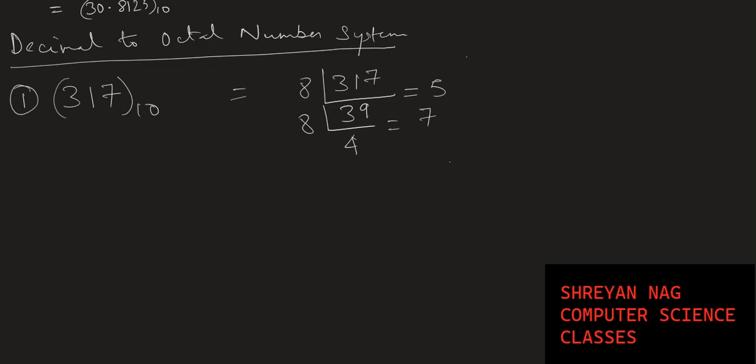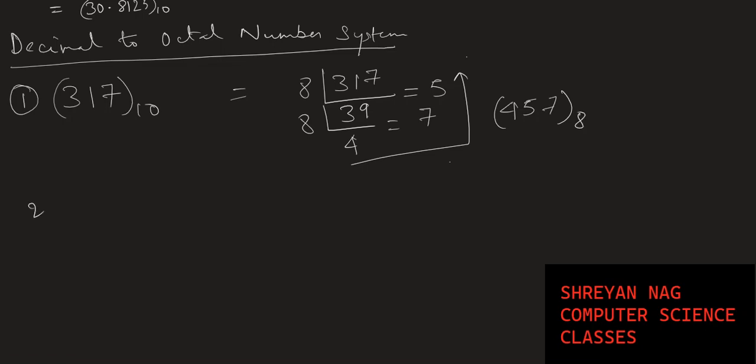Since the number 4 is less than 8, we cannot divide again, so from the very bottom to top we write 475, which is the octal equivalent of the decimal number. So we write it with base 8.